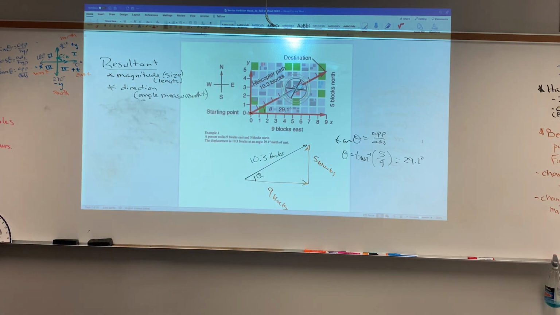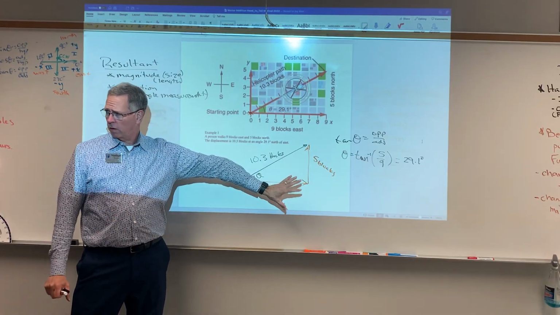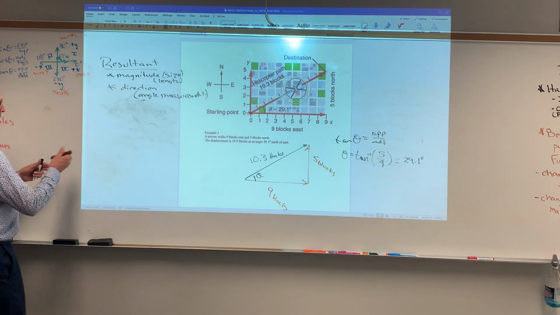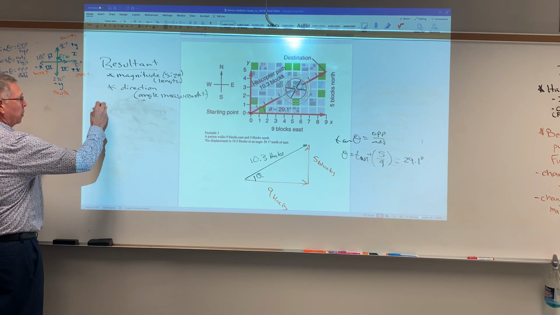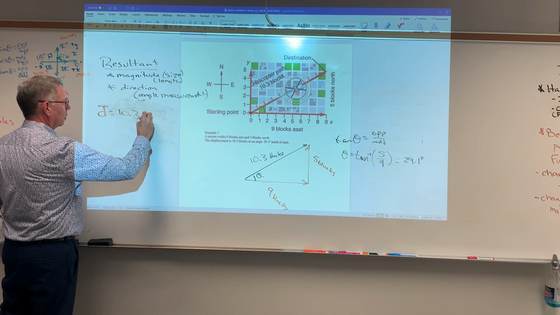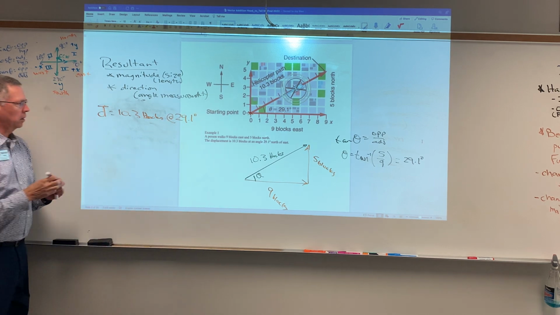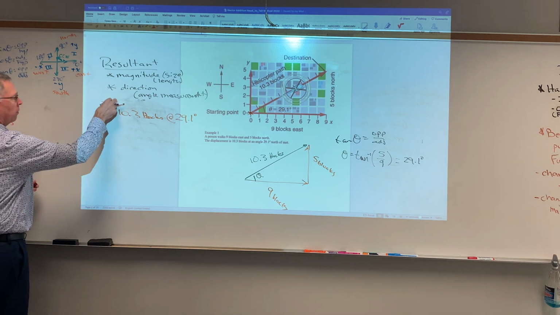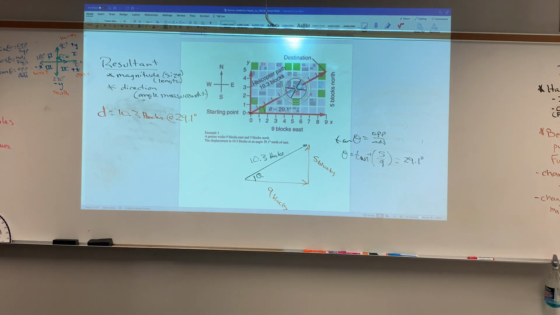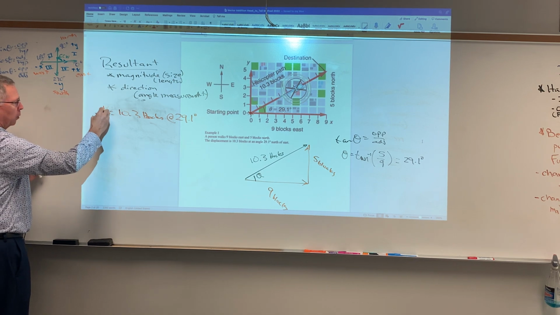So that's the basics of our vector addition. That's going to be the end point. If I ask what the resultant is, my resultant would be a displacement of 10.3 blocks at 29.1 degrees. You have to have both pieces of information for the answer. In your book or in most print work, a vector is shown in bold print.